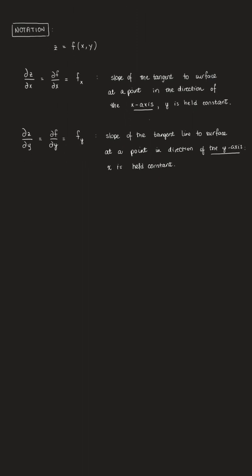Let's find the two partial derivatives, the partial of our function with respect to x and the partial derivative with respect to y, for the following surface, where f of xy is 2x squared y cubed minus 3x squared y plus 2x squared plus 3y squared plus 1.